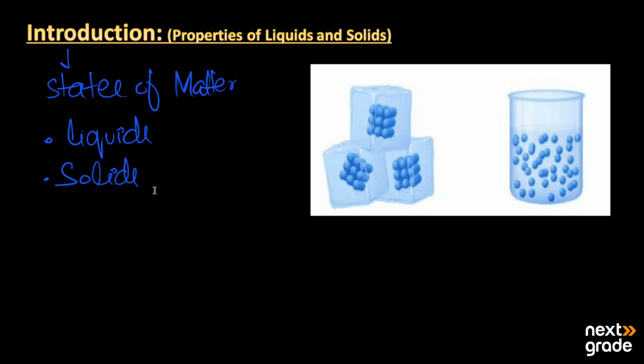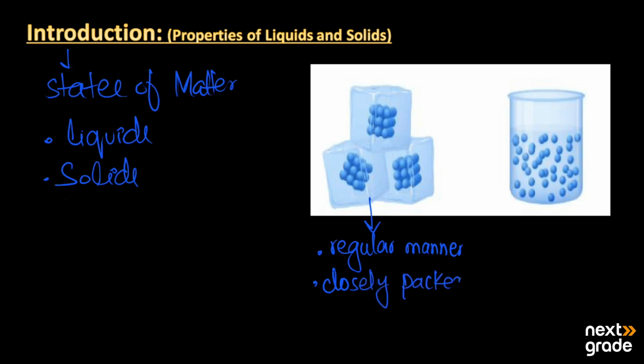In simple terms, when we look at solids, we can see that the particles are arranged in a regular manner, and all the particles are closely packed. There is no distance between the molecules.